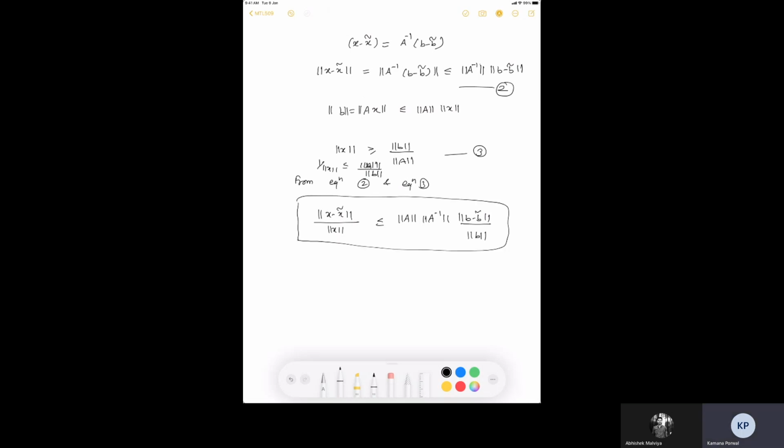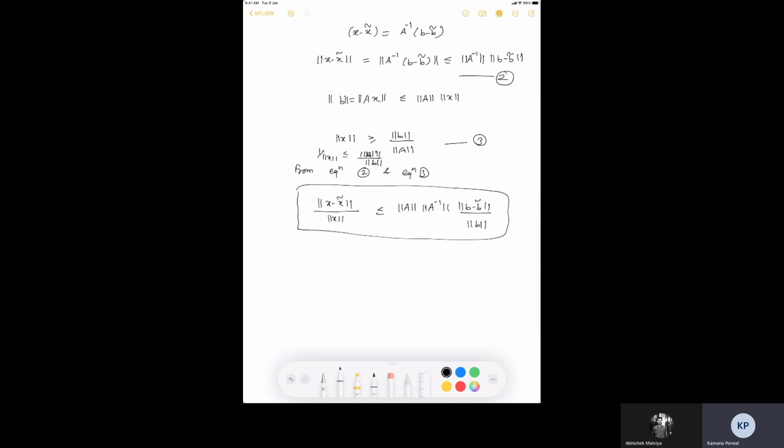Now, what is the importance of this result? Let's focus on that. This factor which we are seeing here has a name: it is called the condition number of the matrix A. Why is this factor important? This factor is the relative error in the vector b.